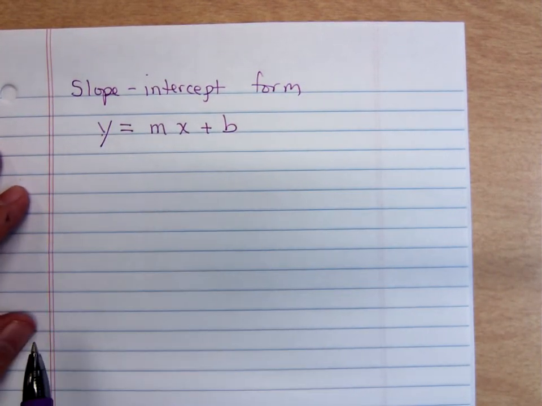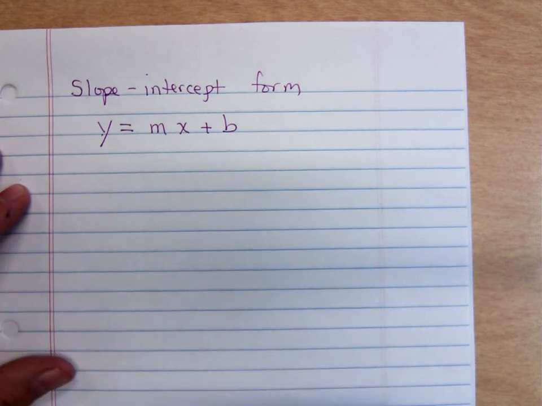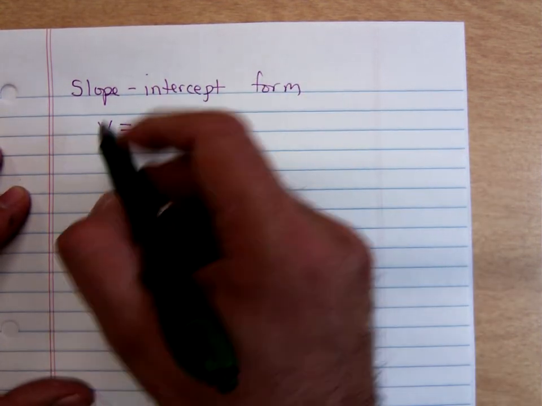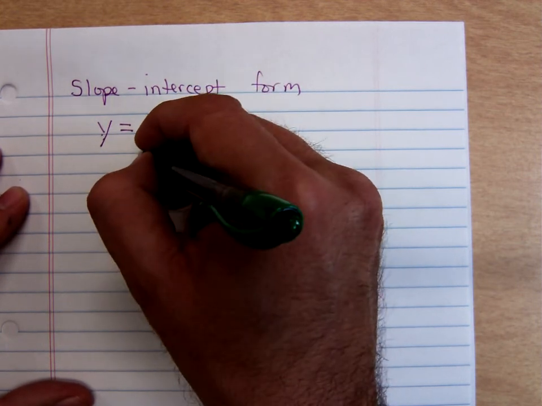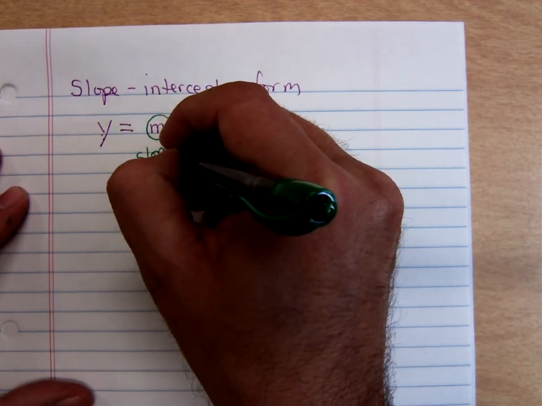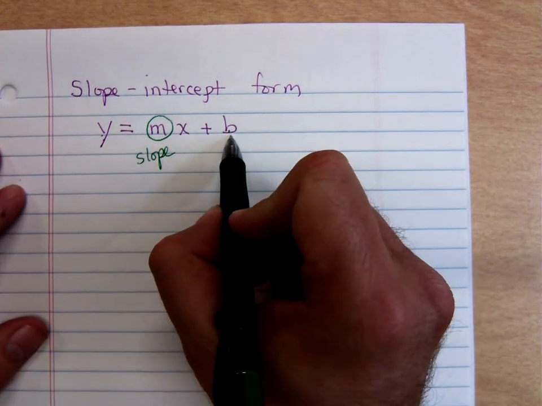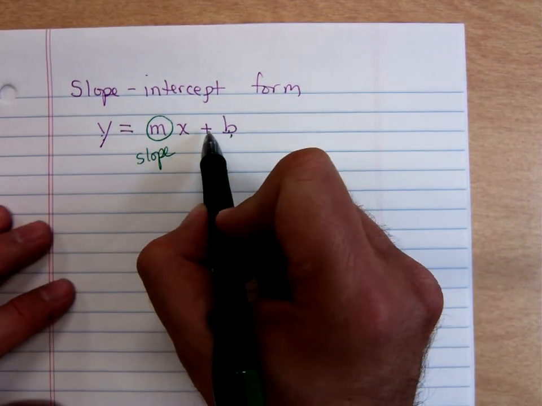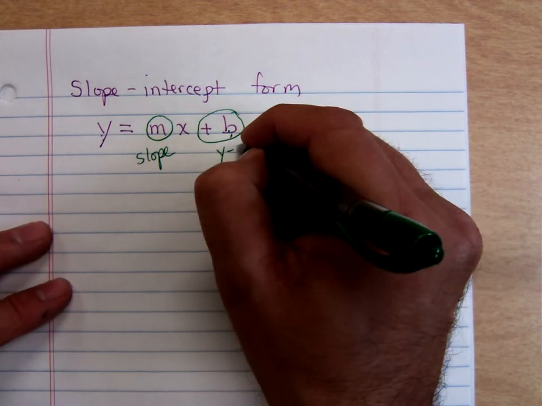Why is it called that? Well, if you have the y by itself, this coefficient on x is the slope of the line. This other number over here we're calling b, together with the sign, that gives you the y-intercept.